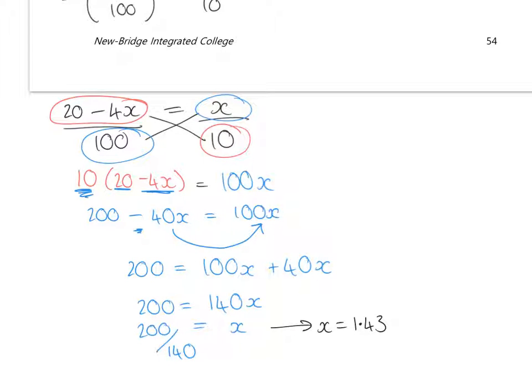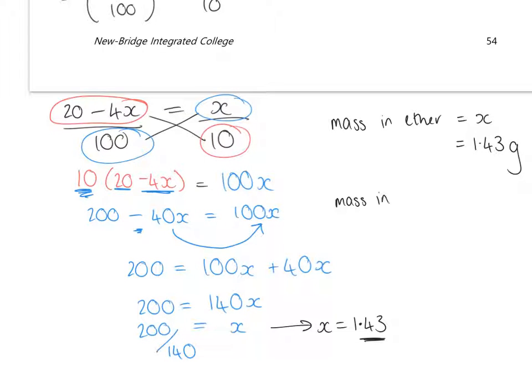So just as before, this is not our final answer. The question asks us to work out the mass extracted into the ether. Well, at equilibrium, the mass in the ether was x. And so it's simply what we extracted into the organic layer, the ether layer, was 1.43 grams of x. Now, obviously, it has worked out that this is the same answer, but don't just assume that x is your final answer, because it could have asked you for the mass in the water, and we can calculate that now.